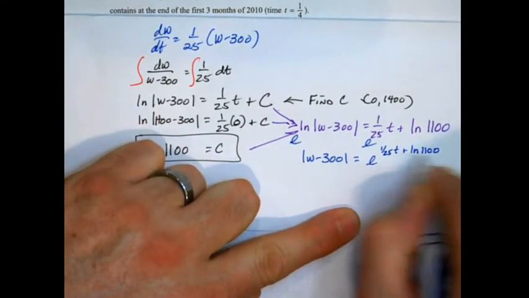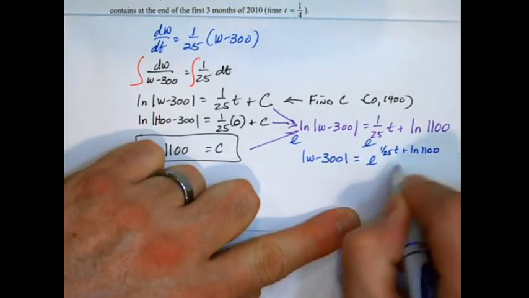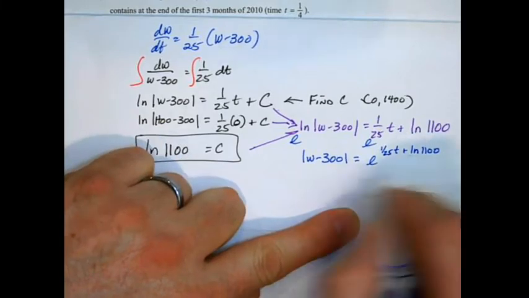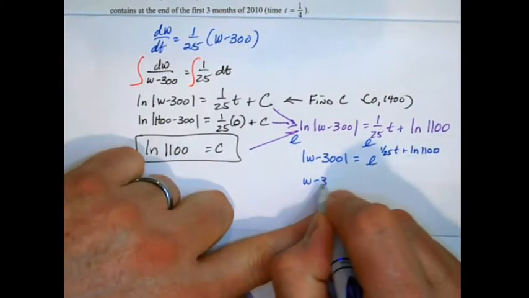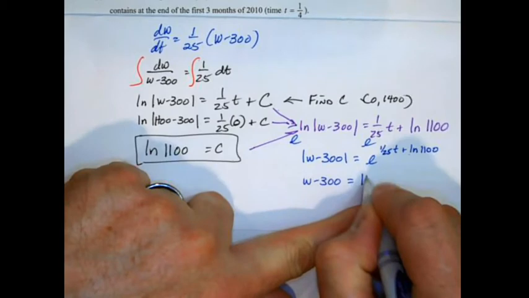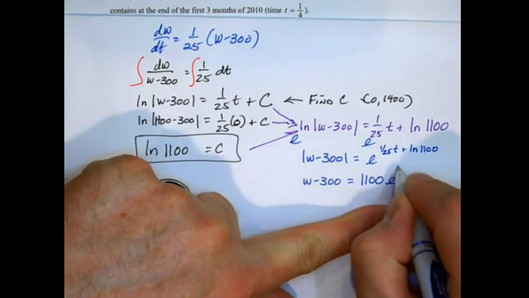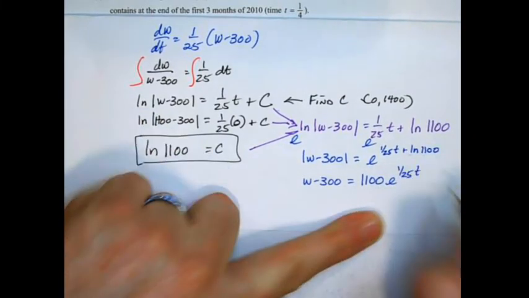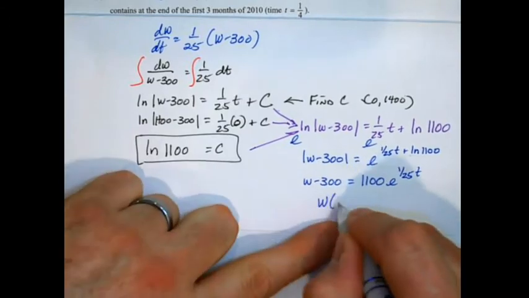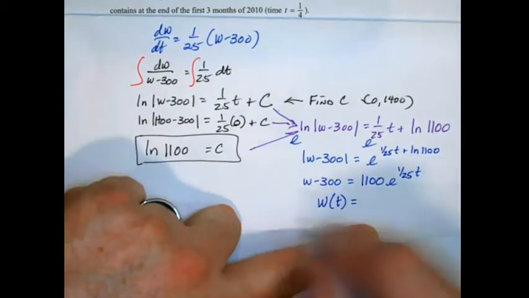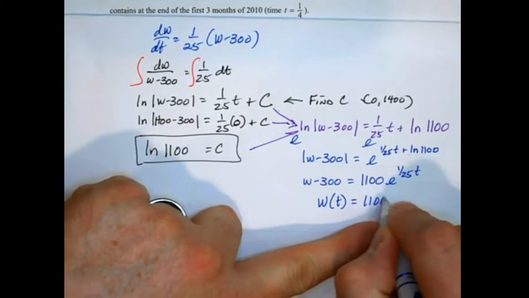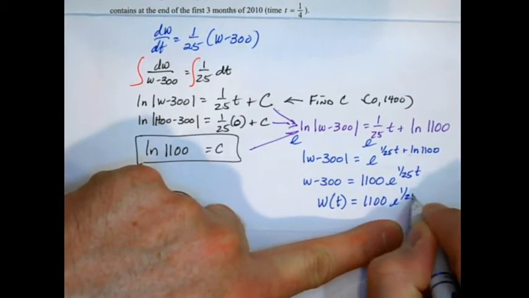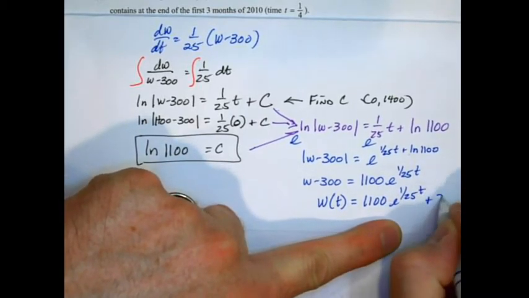Well, this is going to be 1100 out front, e to the 1/25th t. And then if I add 300, it's 1100 e to the 1/25th t plus 300.